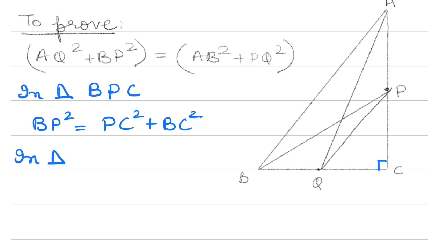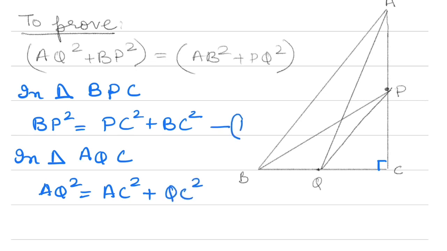And in triangle AQC, we have AQ square is equal to AC square plus QC square. Now let this be equation 1 and let this be equation 2.